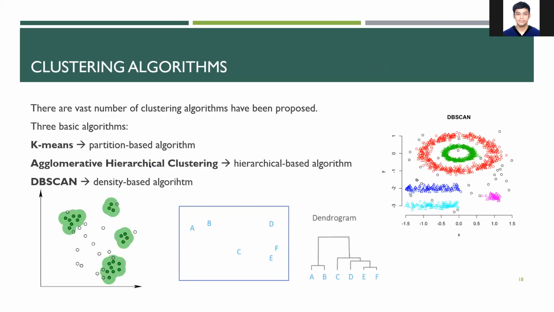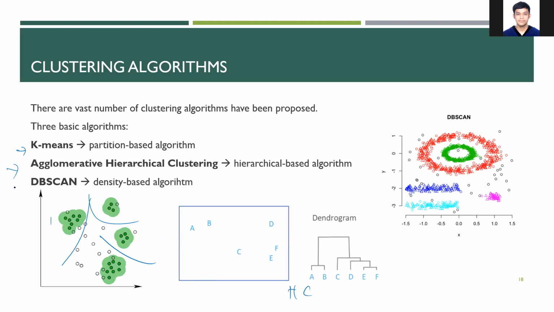There are at least three basic algorithms for clustering. First is the k-means algorithm, which is called a partition-based algorithm. It does the partition like this. Then we have hierarchical clustering, which uses a dendrogram like this, a tree.